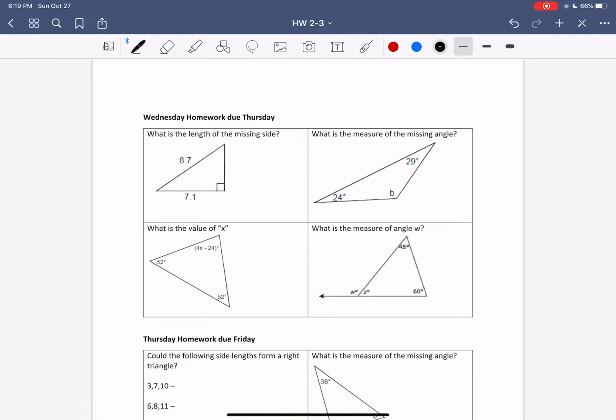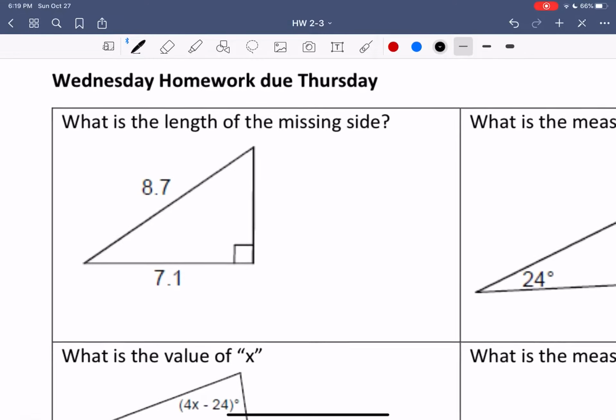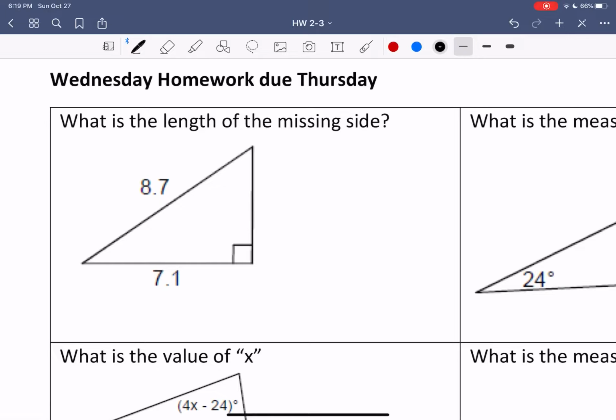Going across, now we're skipping back to our question, it says what is the length of the missing side, meaning when we're looking for missing sides, this is with right triangles, we're going to be using the Pythagorean theorem, a squared plus b squared equals c squared. So something that I was asked a lot last week was the labeling of triangles.